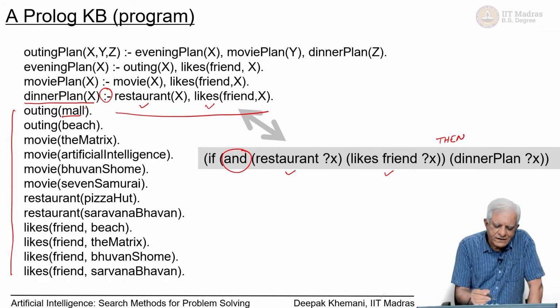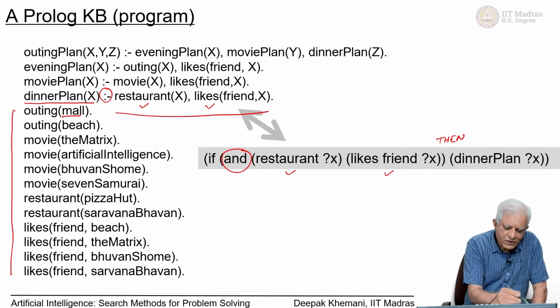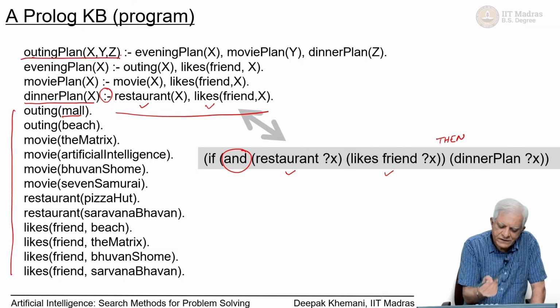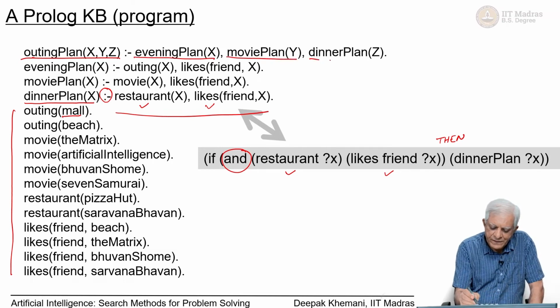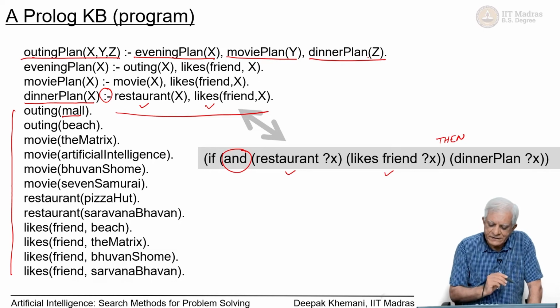We had said when we constructed this AND OR tree, that we have an outing plan which has arguments x, y, and z. If x is an evening plan, y is a movie plan, and z is a dinner plan.